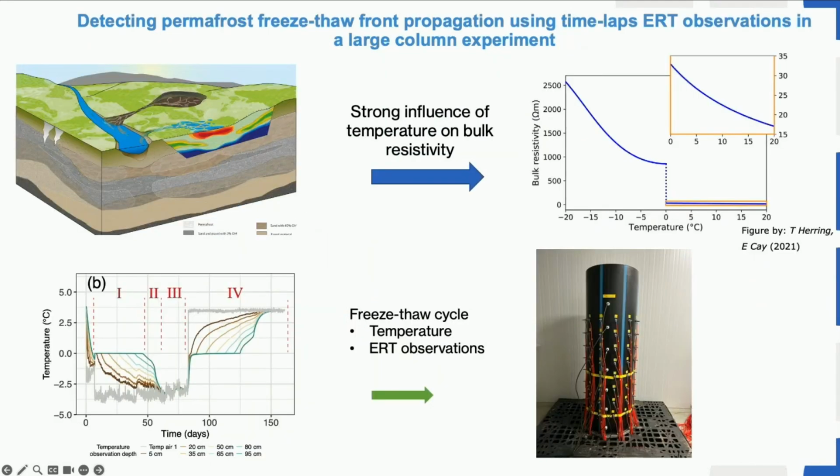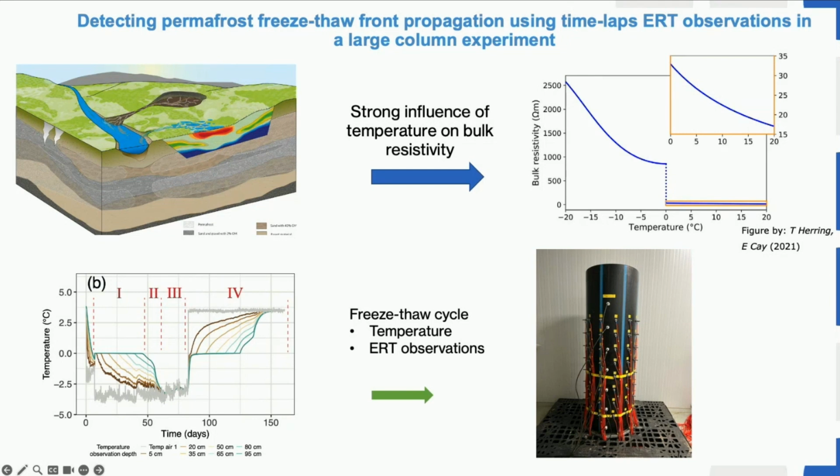So the final part of research that we did was using another technique, instead of or alongside temperature, to detect the freeze-thaw front in permafrost. Therefore we wanted to use ERT, electrical resistivity tomography, because if you collect an ERT sample over a permafrost area, the bulk resistivity is quite strongly influenced by temperature.